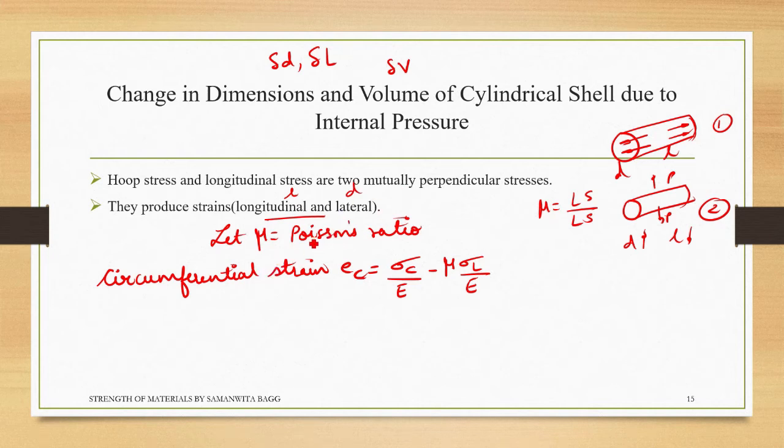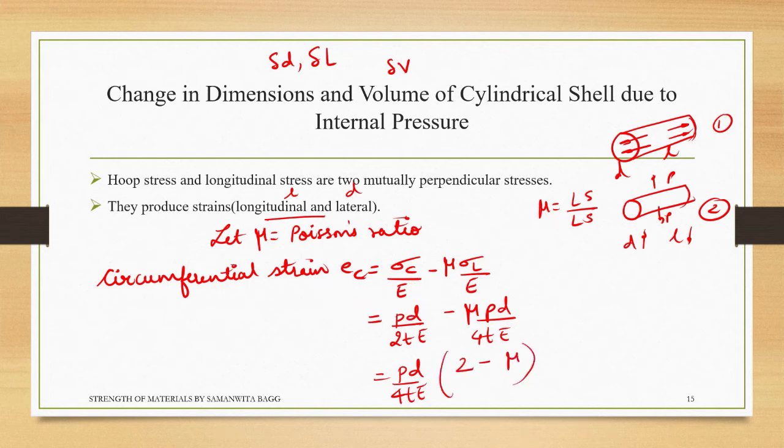Now we also know that EC is (Pd upon 2tE) minus (mu Pd upon 4tE). If I take Pd upon 4tE as common from both of them, this will be 2 minus mu. This is the formula for EC. Now if you recollect, circumferential stress was because of the change in diameter.